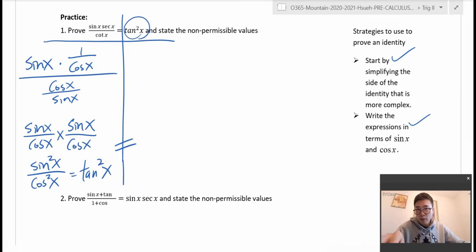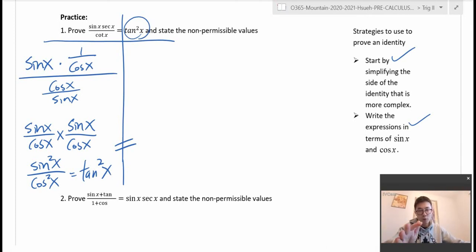Now, just to remind you, I think this section is not too bad, but as we get to see more complex proofs, notice that there will be more than one way to prove things. But for now, these are basic ones. So usually, if you just change everything to sine and cosine, you'll get to your final result.